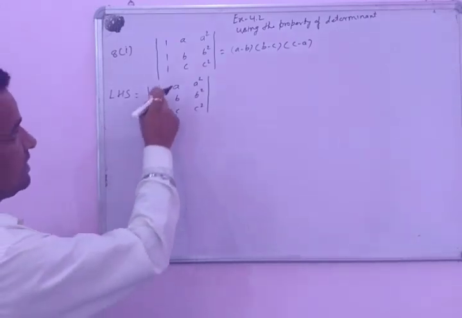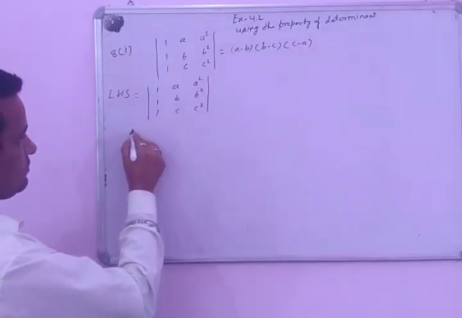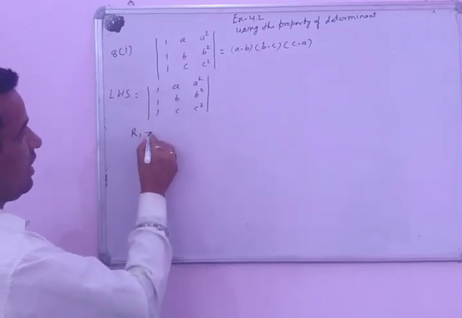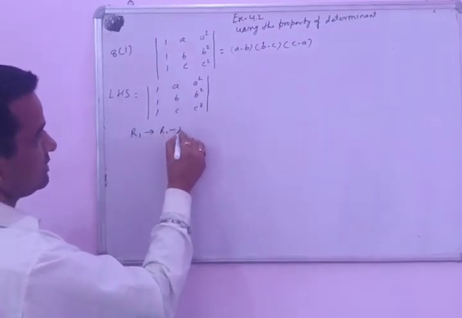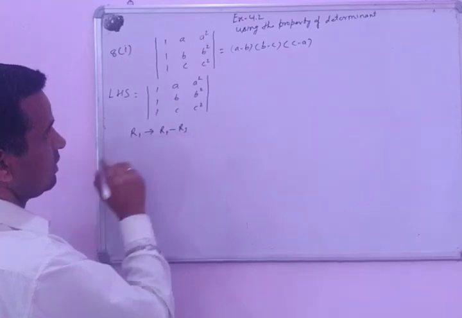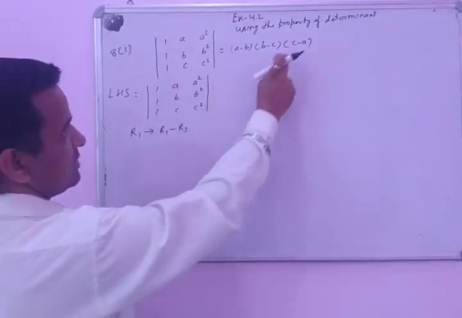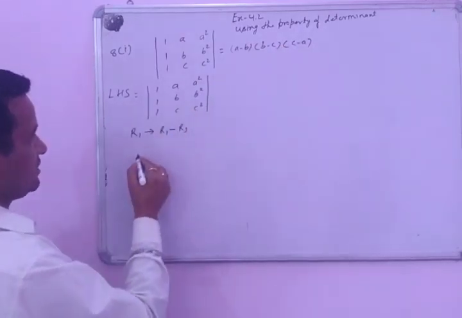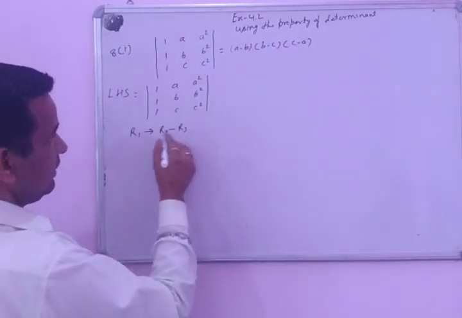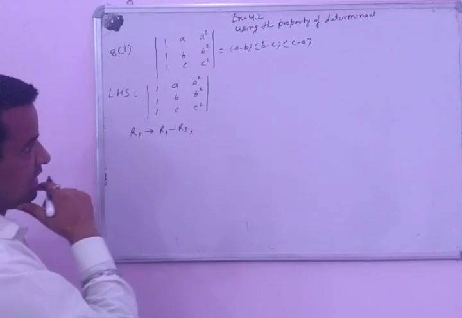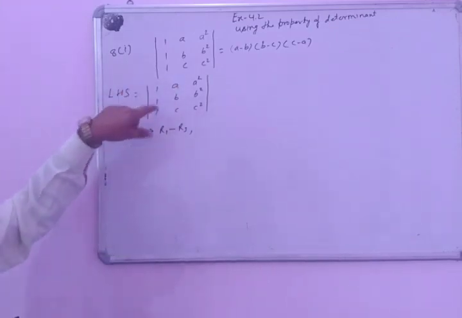Suppose I am writing here R1 minus R3: A minus C, A square minus C square.